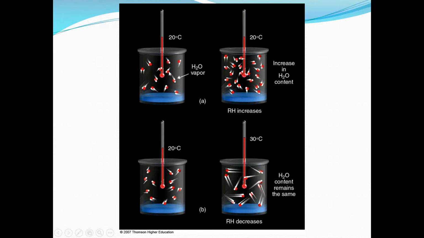On the other hand, if you decrease the amount of water vapor in the air, so if you did the opposite of what you're seeing on this image, you actually took some water vapor out of the air, you would decrease the relative humidity. So again, adding water to the air increases the relative humidity. Removing water from the air decreases the relative humidity. That one's pretty easy. That one's pretty direct.